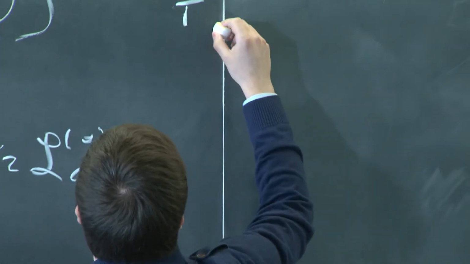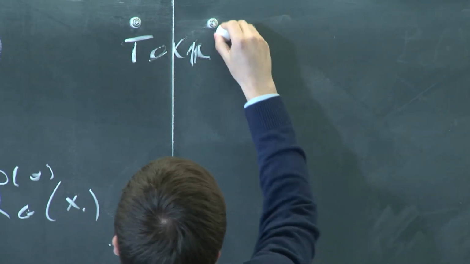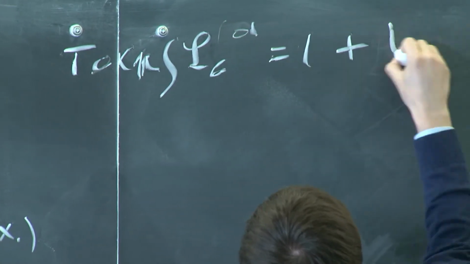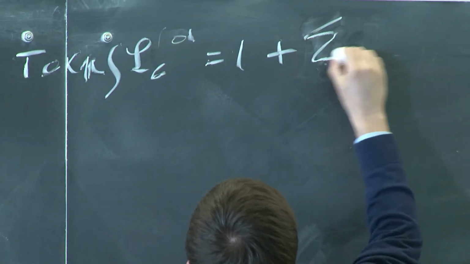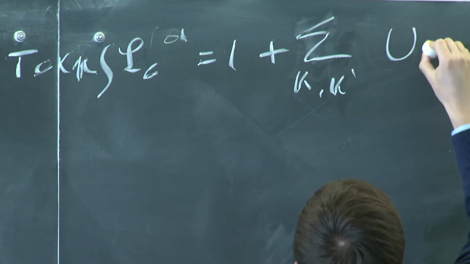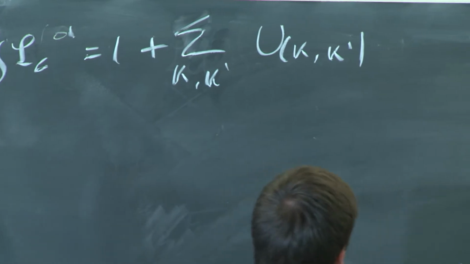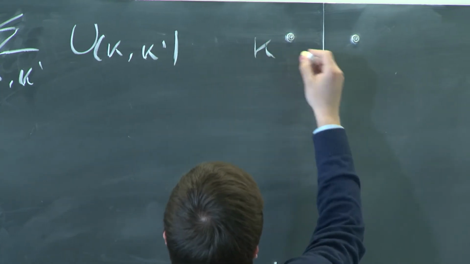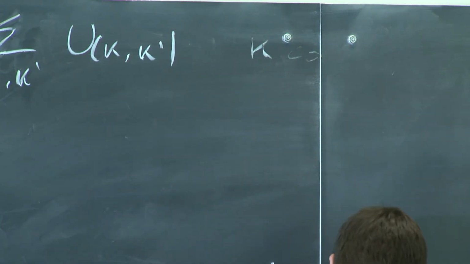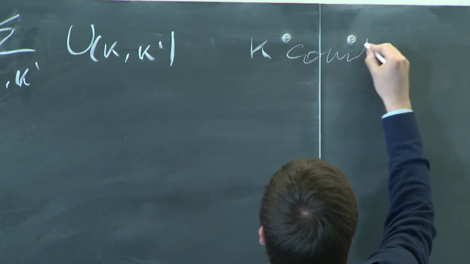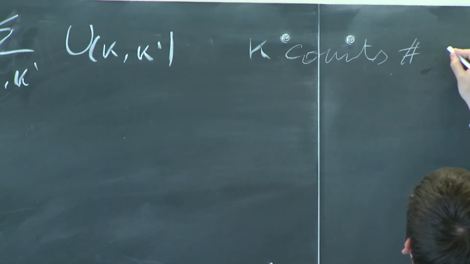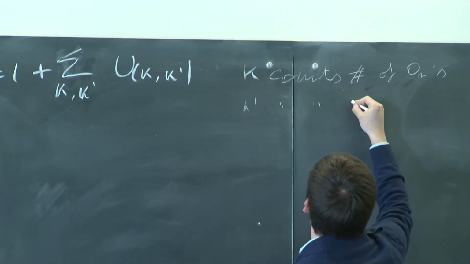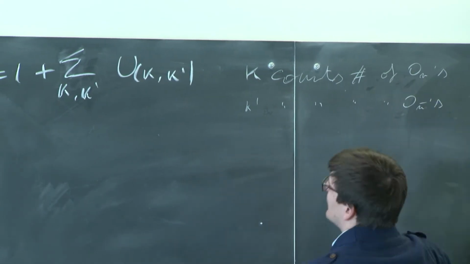We can write the T exponential of the integral of LG as basically 1 plus the sum over k, k prime, where k counts the number of O_n's, and k prime counts the number of O_n bar's.